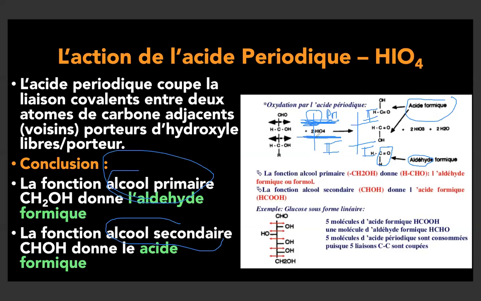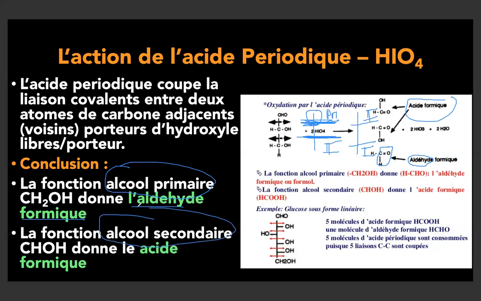It cuts one in a way that you are going to have this primary alcohol being divided to form an aldehyde formic, or it's also going to cut this molecule so that when the cutting is done, this secondary alcohol can give this acid formic.